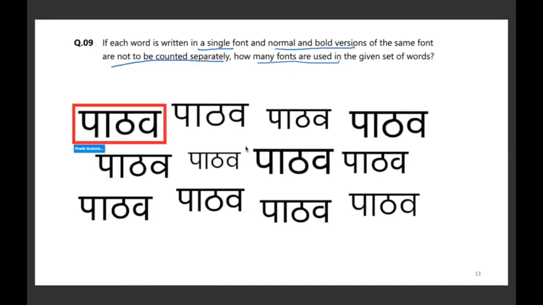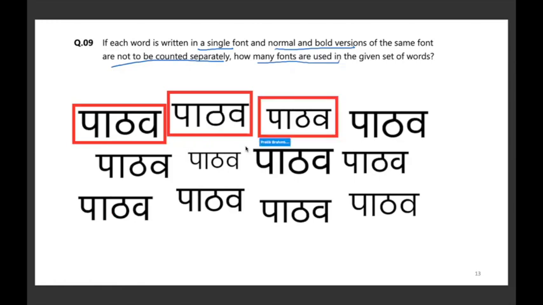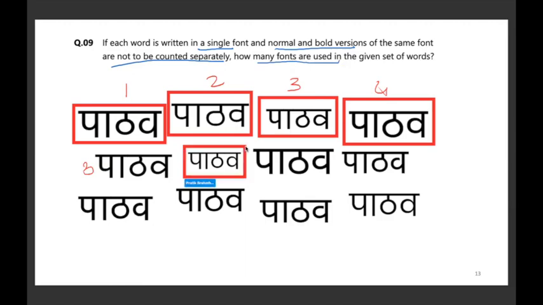1, 2, 3, 4. So 1, 2, 3, 4. This is similar to 3. This is 5, 6, and 7.